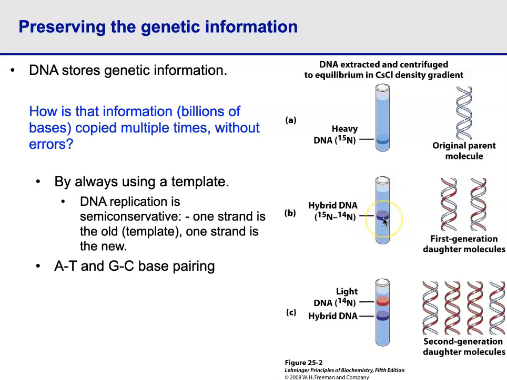And seeing this strongly suggested that replication is a semi-conservative method. In other words, each newly synthesized DNA double strand is made by one old and one newly synthesized DNA strand. Then they allowed the cells to divide one more time.